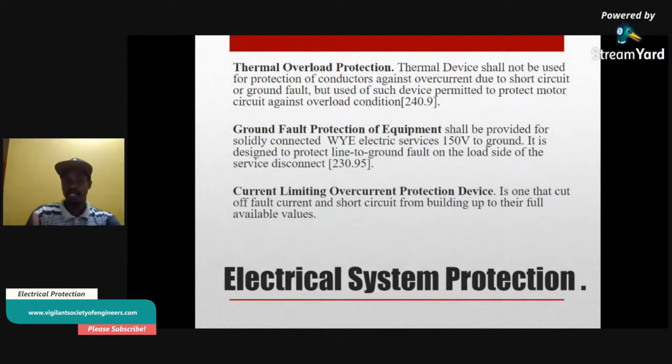We have ground fault protection, which is protecting line to ground, right? And is designed to connect on the load side of the disconnect means. And the current limited overcurrent protection device, which is our standard overcurrent protection device, is designed to protect against short circuit and fault current. All right.